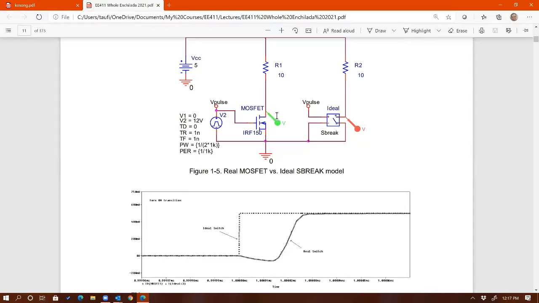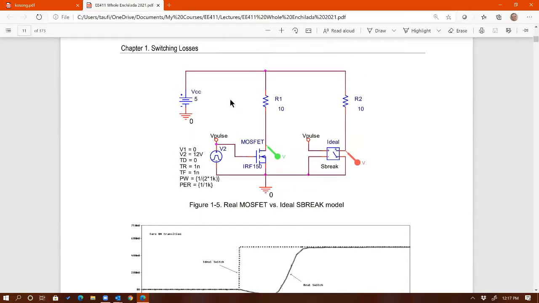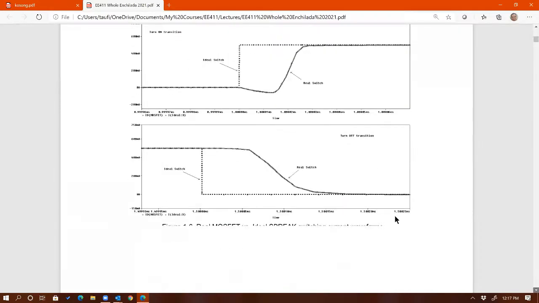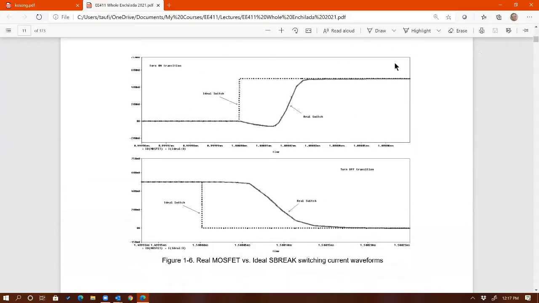All right, so that's the real model that I found in OrCAD PSpice, and what I did here is turn these switches on and off, so you can see the difference between the close to ideal switch versus a switch that has a real world model of the MOSFET. These are the differences you can see from the waveforms. The turn on transition is up here.